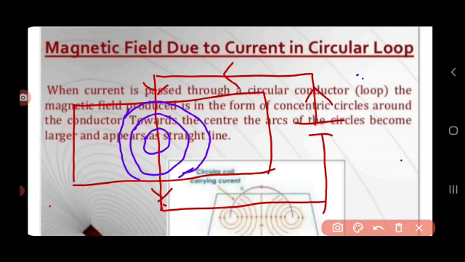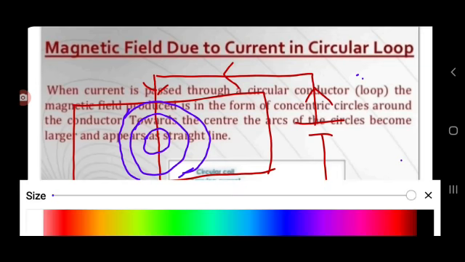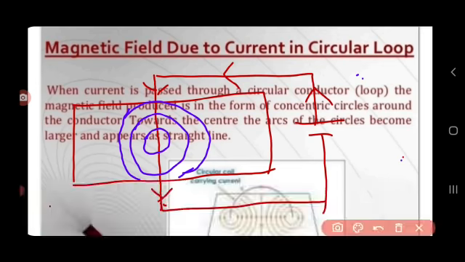We can do the same thing by reversing the direction of current. See the diagram once again. Suppose it is a cardboard and a current carrying wire is kept here. We just reverse the direction of current here. Here current is moving in the upward direction, right?